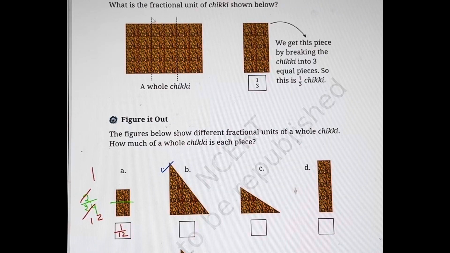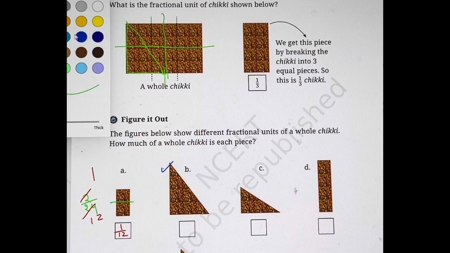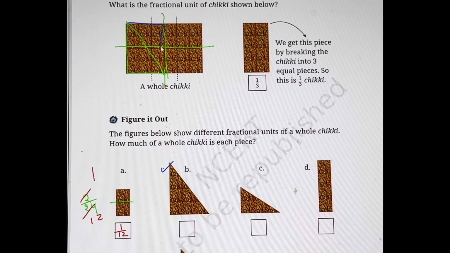Question number B, this triangle. So we make this triangle by dividing it into 8 parts. This is one triangle which we are getting, right? First we made 4 parts and then each rectangle is divided into triangles, right? So this is one, this is another.